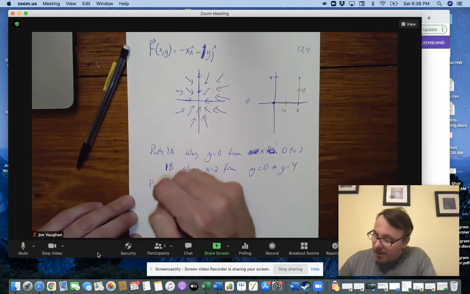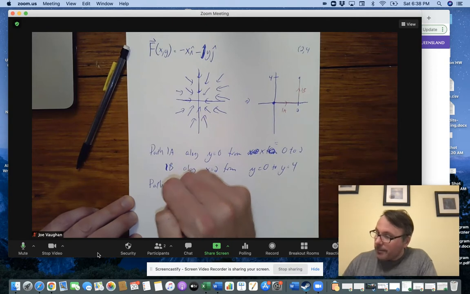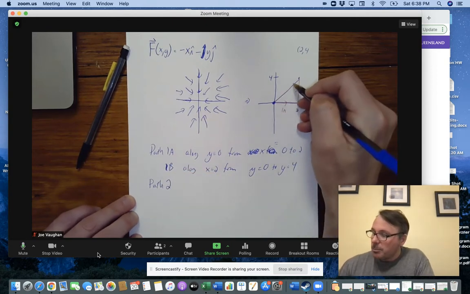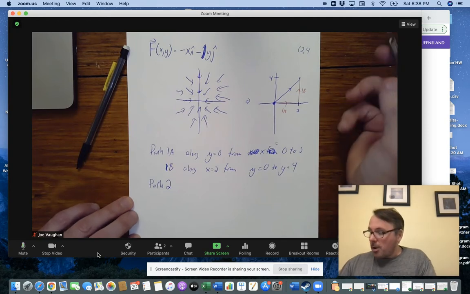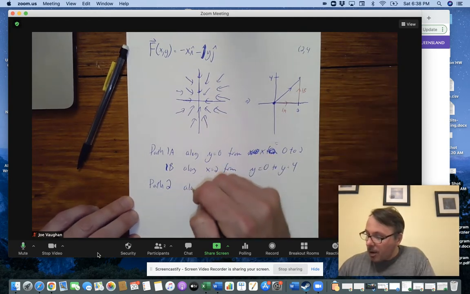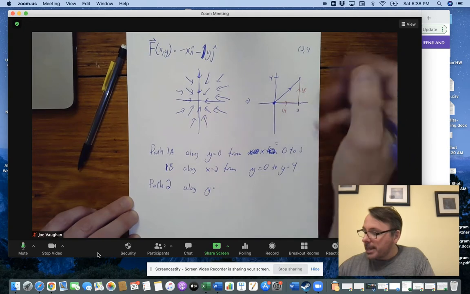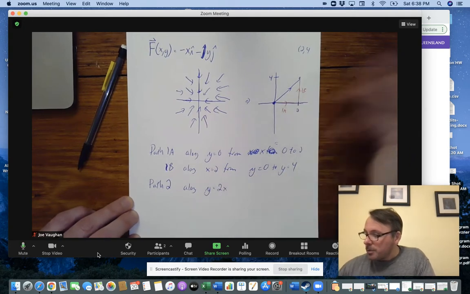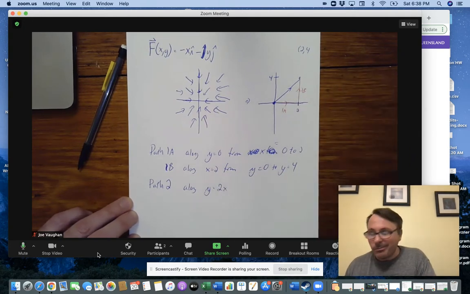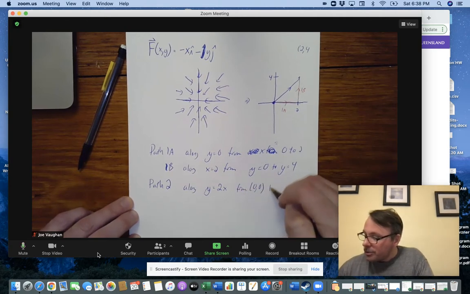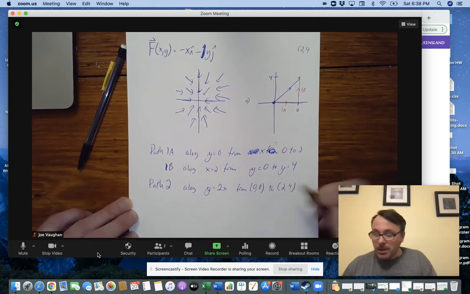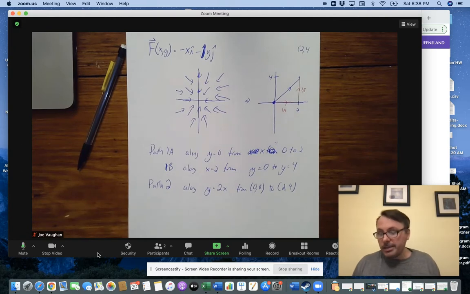A simpler path, path 2 here, is just the straight line connecting the 2 points. What is that? Well, the slope is 2, so y equals 2x. Nice simple thing, right? So that's from 0, 0 to 2, 4. And now let's test one additional path.